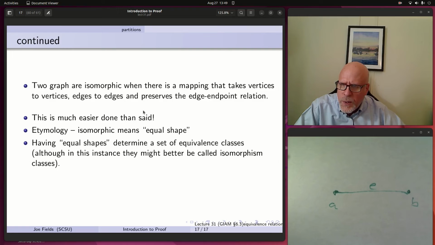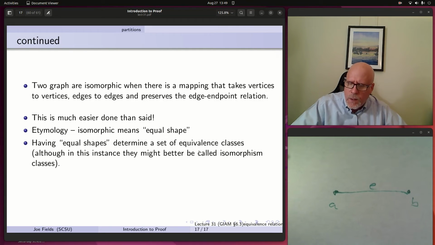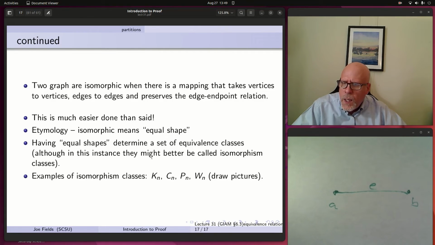I just told you it's easier said than done. Maybe I should be a little more careful. I'm going to do this in the light way first, and we'll come back to graph isomorphism in a later chapter. But we've got some of our isomorphism classes, or I still like to call them equivalence classes right now, that have names: Kn, Cn, Pn, and Wn.